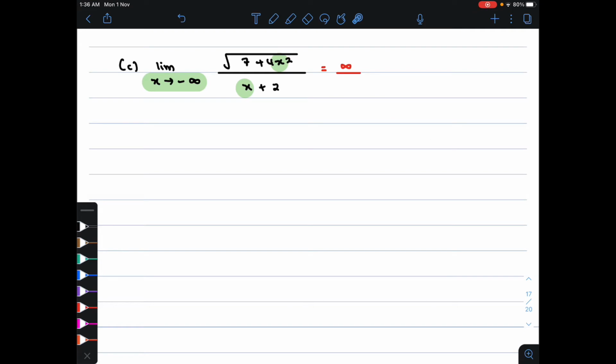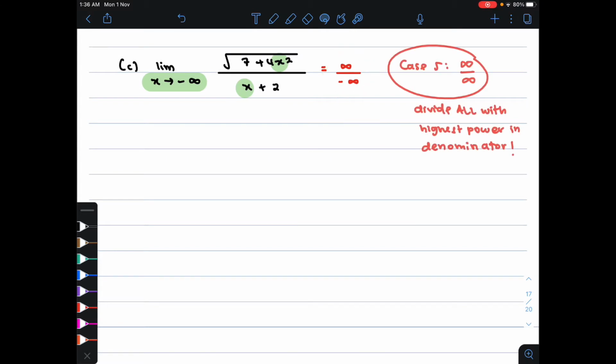And if we substitute x negative infinity into the denominator, you'll get negative infinity plus 2, which is still negative infinity. So here we have infinity divided by infinity, and hence this is actually case 5.